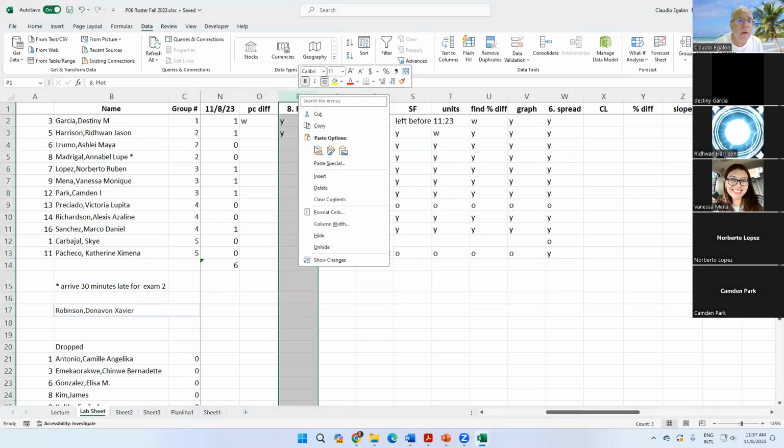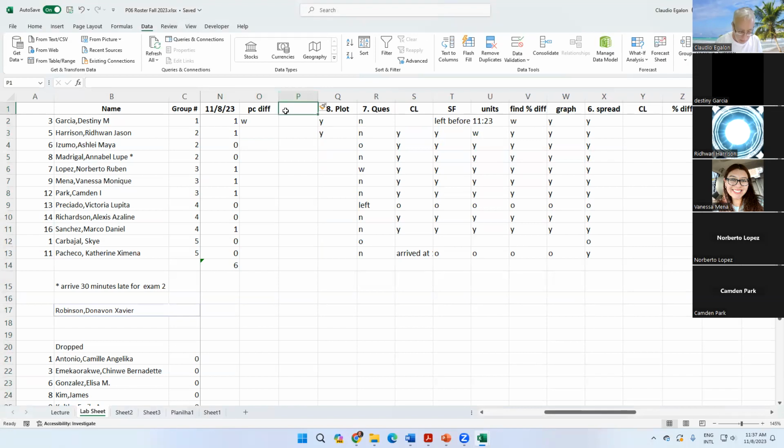So you gotta put it here, units, right? Units comes first. Well, actually, the percentage difference comes first. Working on the units. You're also working on the units, Destiny? Yes. Okay, good.